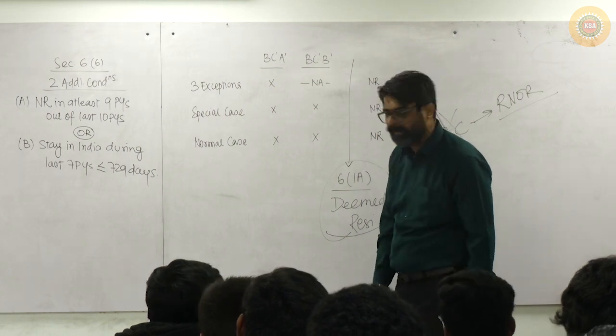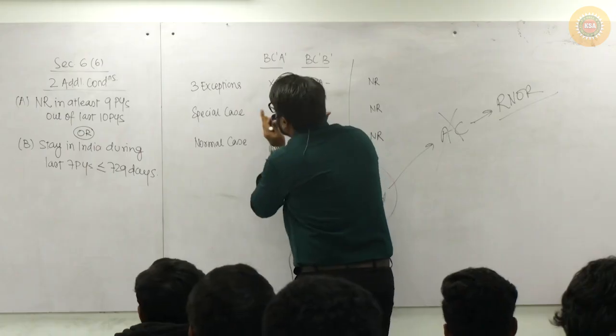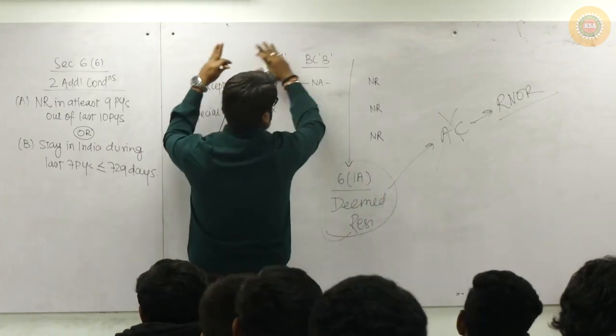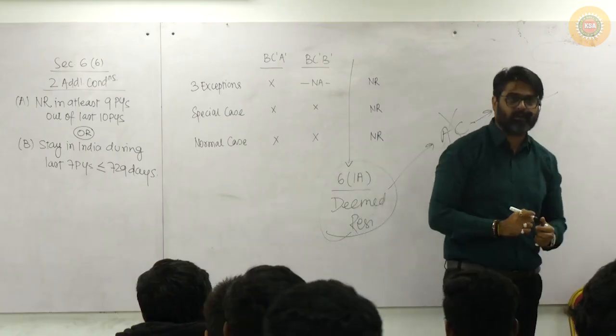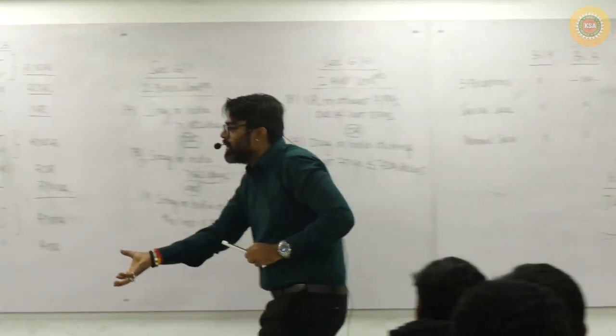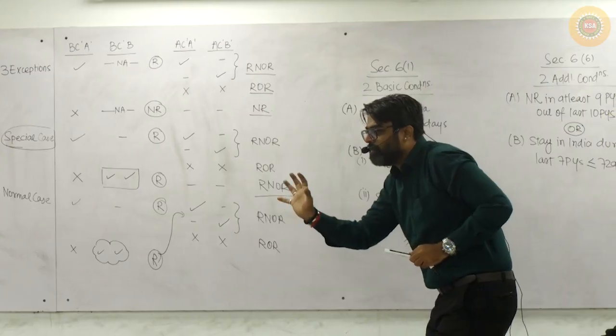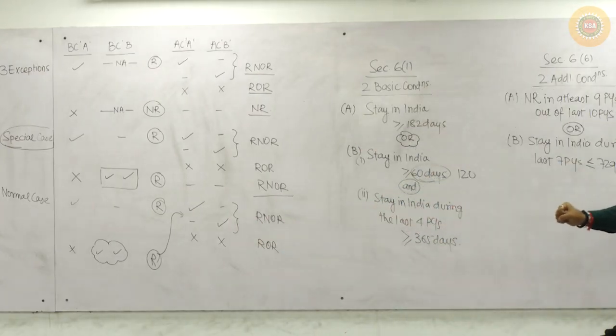Understanding? Are you satisfying any of the applicable basic conditions? No. So, you are not satisfying any of the applicable basic conditions. You are about to become a non-resident. But before you even become a non-resident, we are pulling you back. Don't become a non-resident. Come here. Check 6(1)(a).